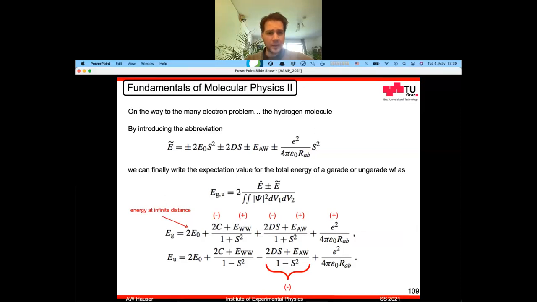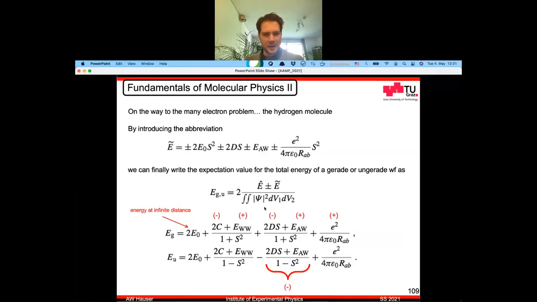And knowing both, I can now write the total energy for a symmetric or antisymmetric wave function as 2 times E dash plus minus E tilde over the normalization that we calculated before. So I obtained two energies because we did this at the same time for both types of wave function, here denoted as G and U for gerade and ungerade.